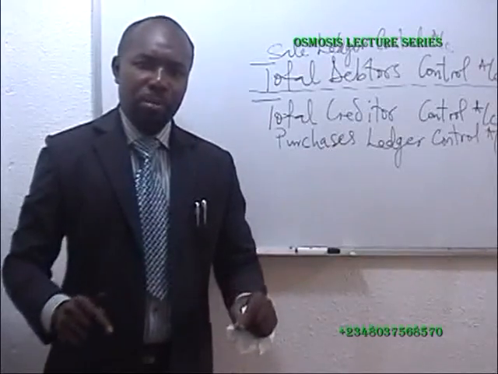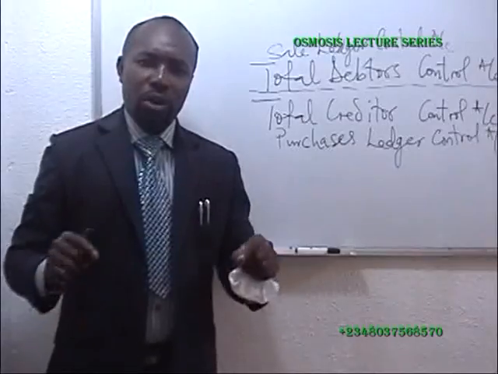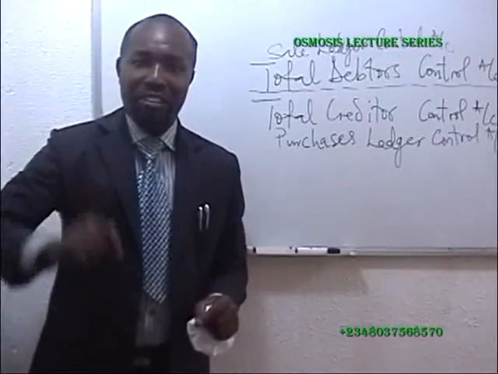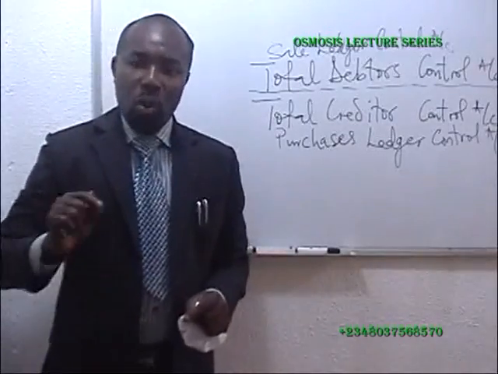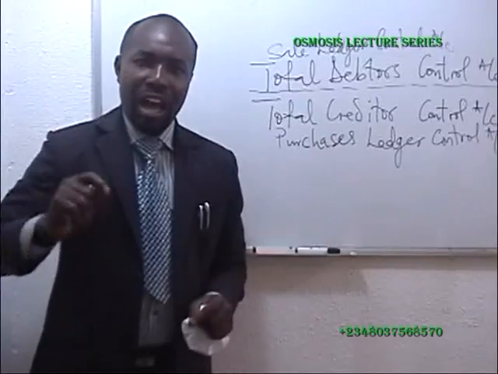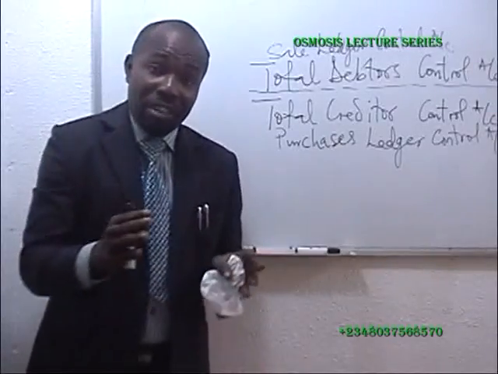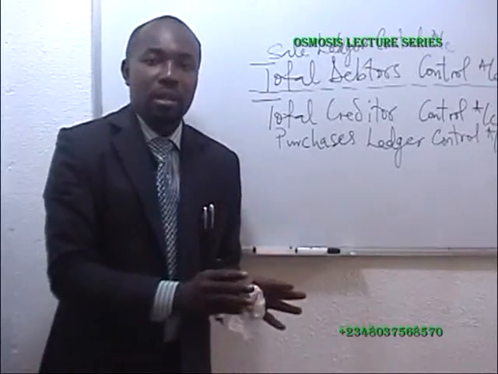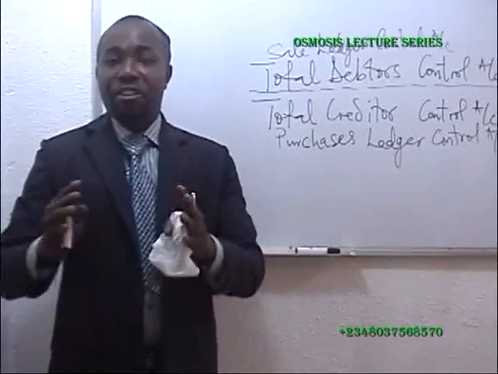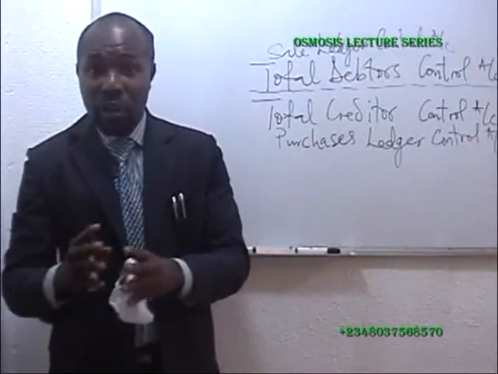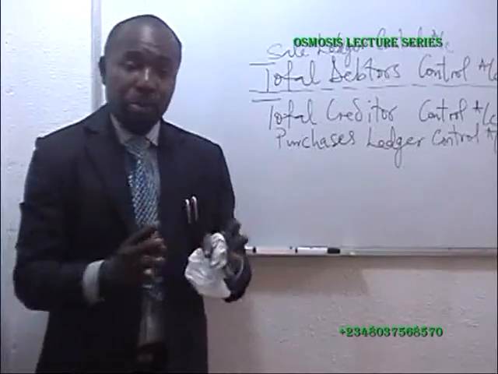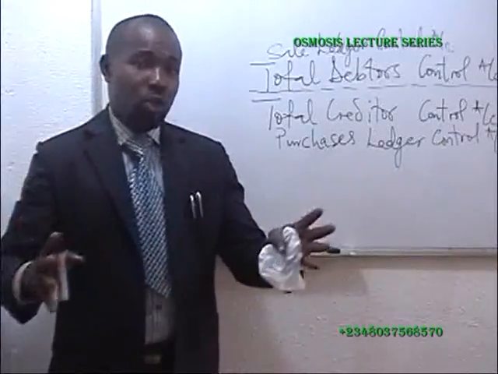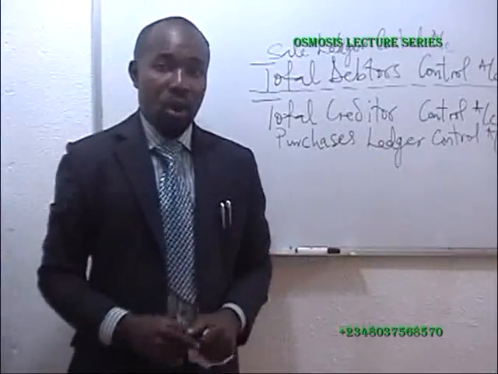If you understand them very well, you are going to understand that all our debtors have debit entry, while all our creditors have credit entry, or all our debtors have debit balance, that is balance brought down, debit, while all our creditors have credit balance, balance brought down on the credit side. The debtors on the debit side, while the creditors on the credit side. We shall use the T account to illustrate this here on the board.